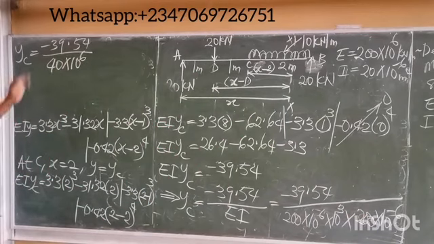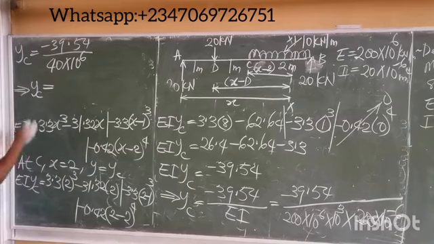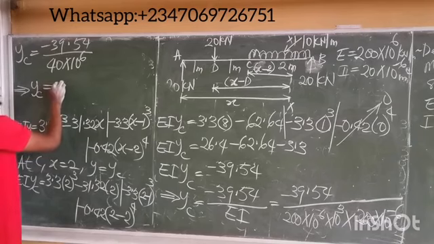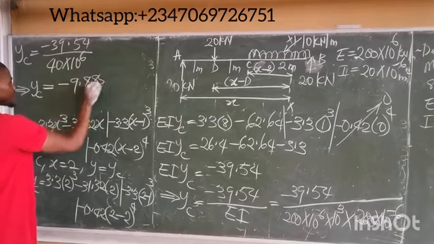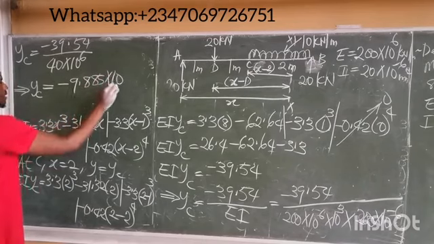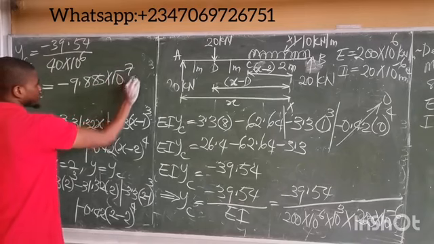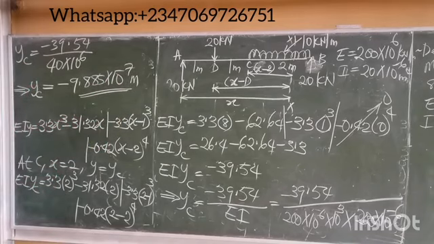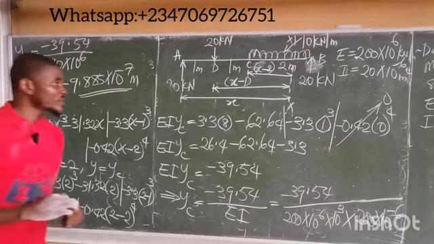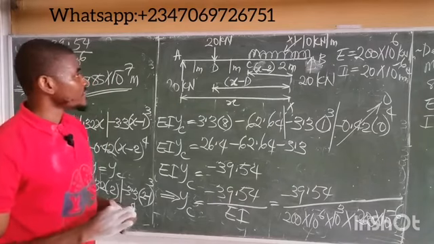So therefore, minus 39.54 divided by 40 exponential 6. This simply implies yc is equal to minus 9.885 by 10 to the power of minus 7 in meters. So this becomes the value for the deflection at point C. Okay, so that's that for deflection at point C.